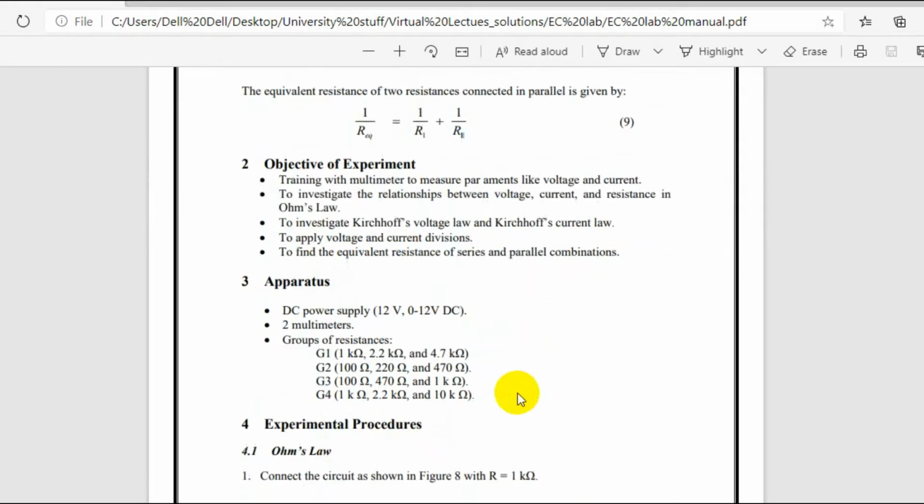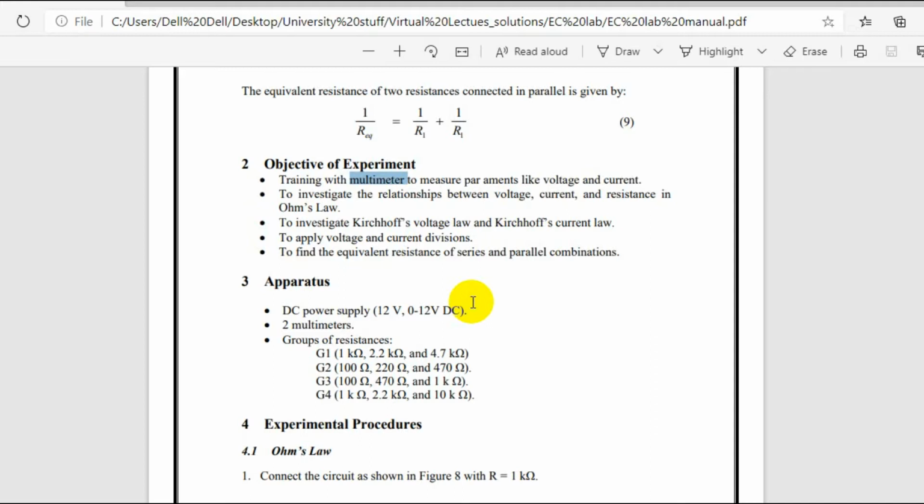Whenever you start the experiment, it should have some objective. What is the objective? Training with the multimeter to measure parameters like voltage, current and resistance. The word multimeter is new for you, I think. Multimeter means which can perform multiple tasks.